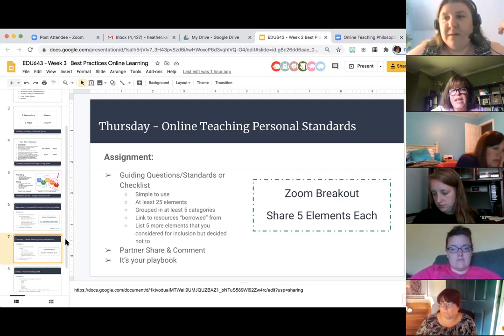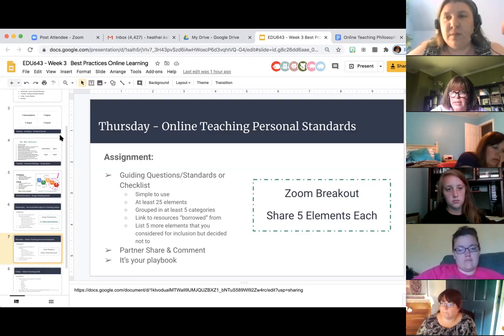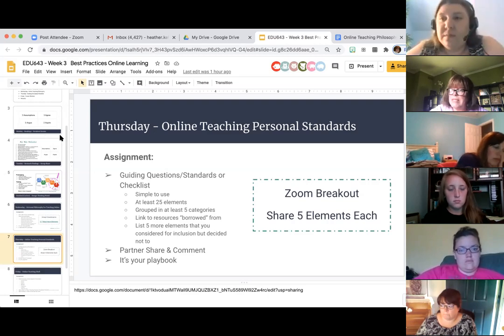Anybody else have any words to the wise about finding resources for that Thursday project? What you're looking to do in the end is create your own checklist. This is what you're going to use to go against your lesson planning. And so first it has to be simple to use. I don't know if everybody's looked at Quality Matters.